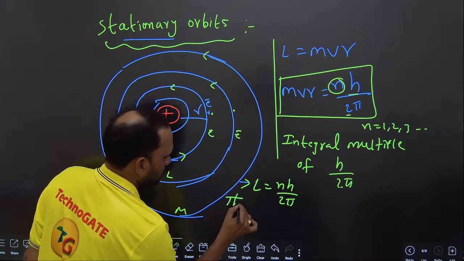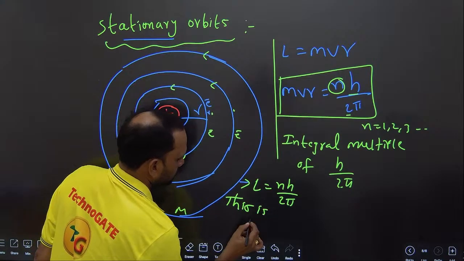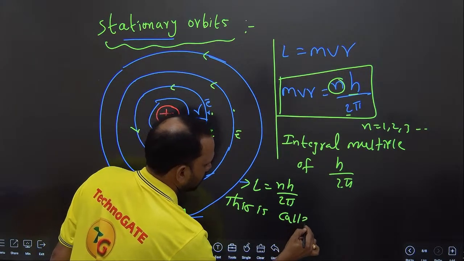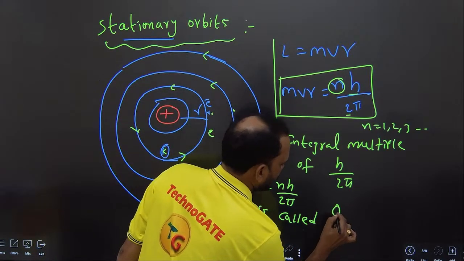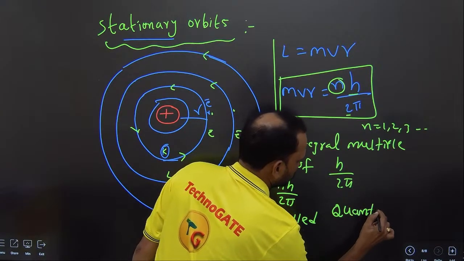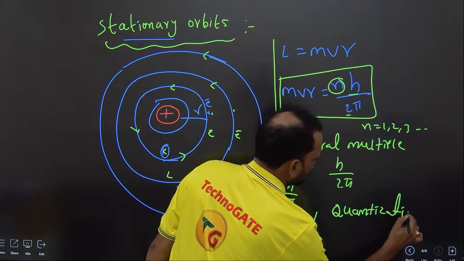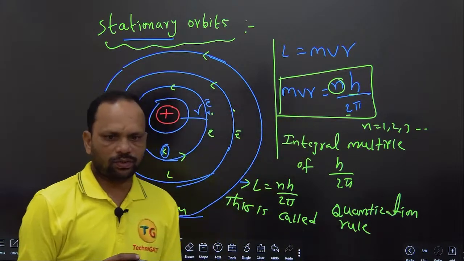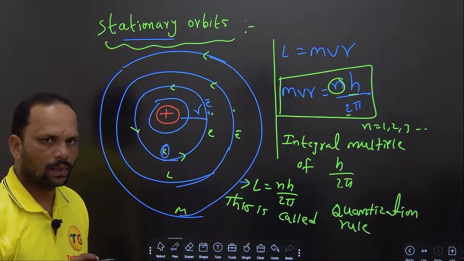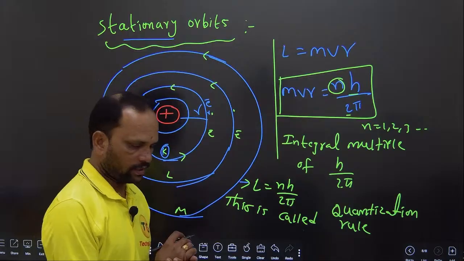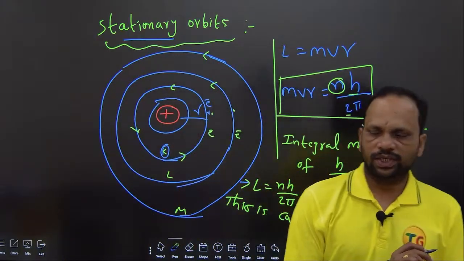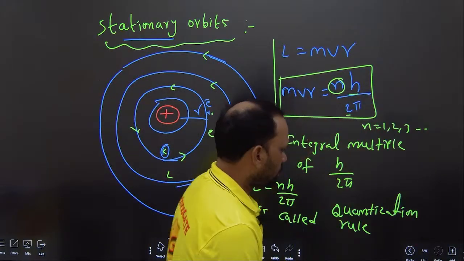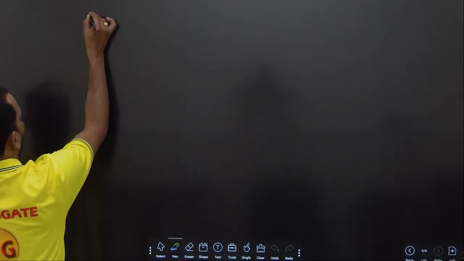This is called the quantization rule. So this is the second thing. Next, the third thing, energy transition.